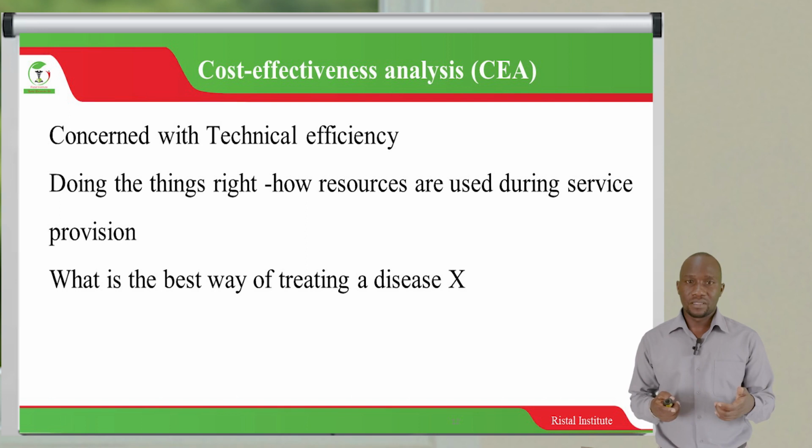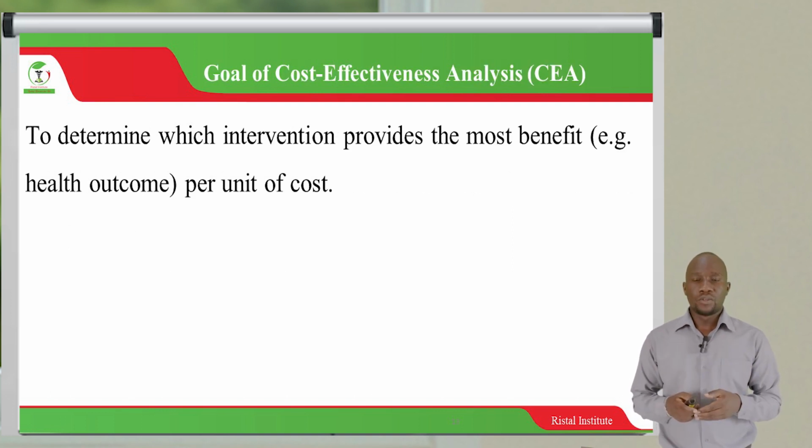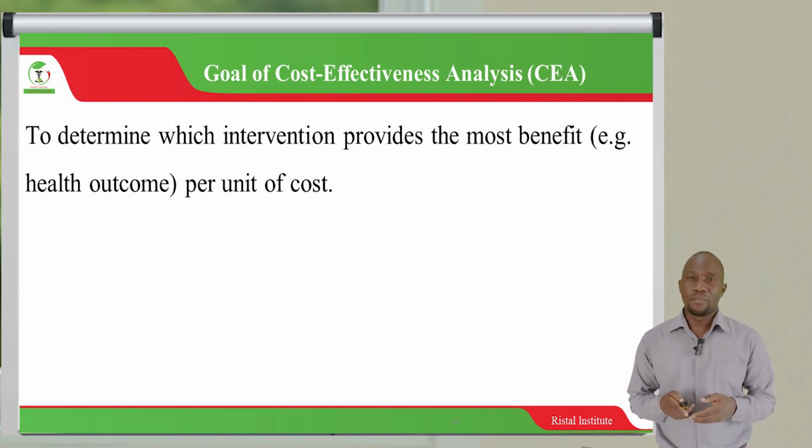Cost effectiveness is concerned with ensuring that there is technical efficiency, which basically means that we should do things right. So what you want to do is choose the best course of action in managing a particular condition. So you need to do things right. So which one offers the maximum benefit per unit cost?